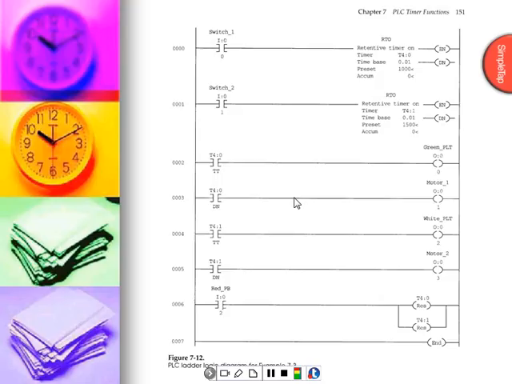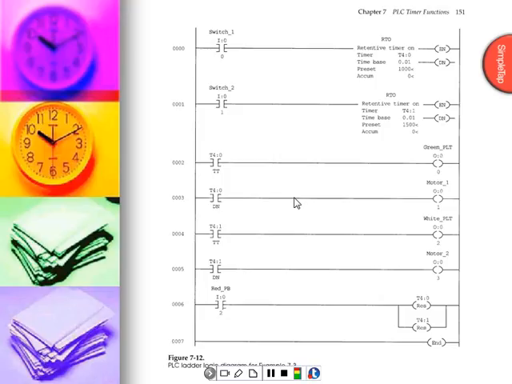So because of that, the green light stays on. Alright, so I close it and let it finish its 10 seconds. When it finishes 10 seconds, what happens? Green light goes off, motor 1 starts. Everybody see that?